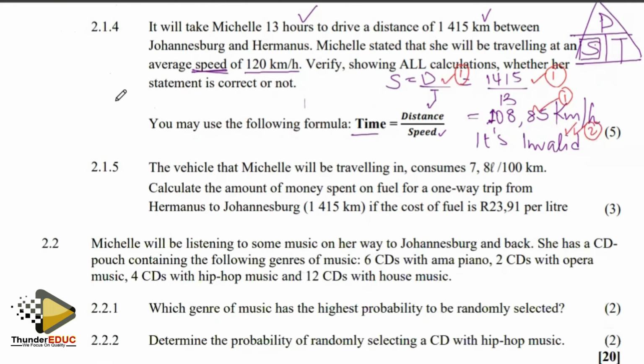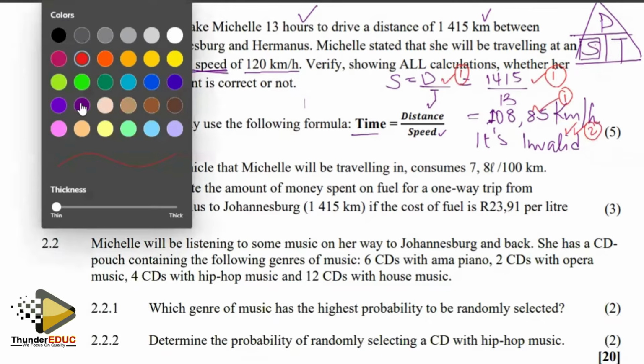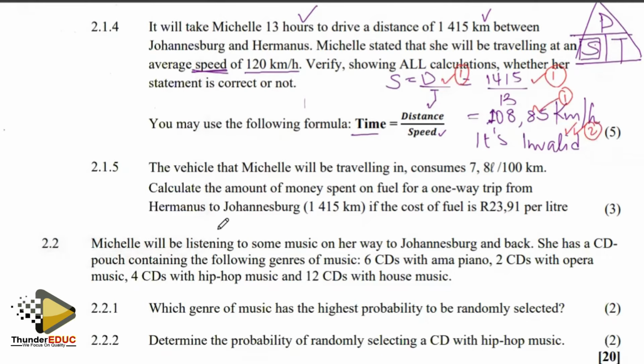Okay, we go to 2.1.5. The vehicle that Michelle will be traveling in consumes 7.8 liters per 100 kilometers. This simply means for every 100 kilometers, the vehicle uses 7.8 liters of fuel.